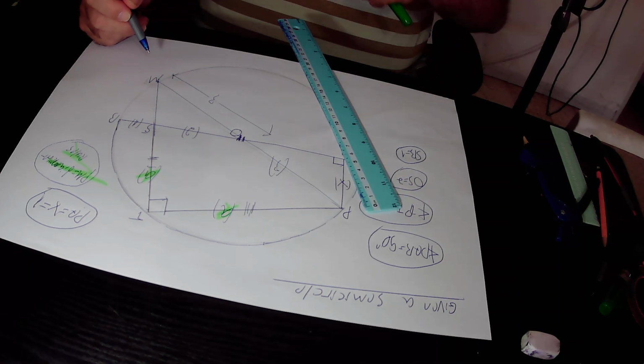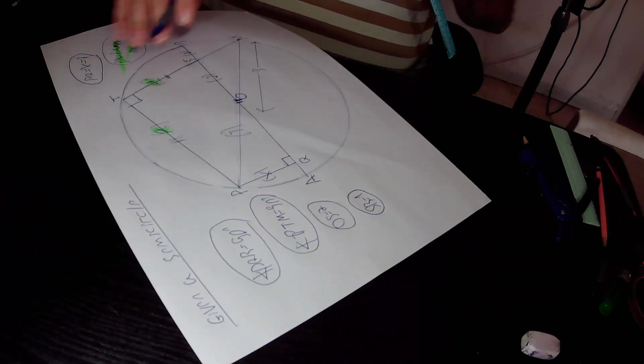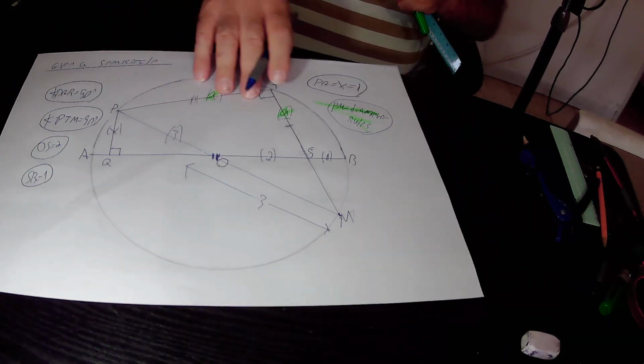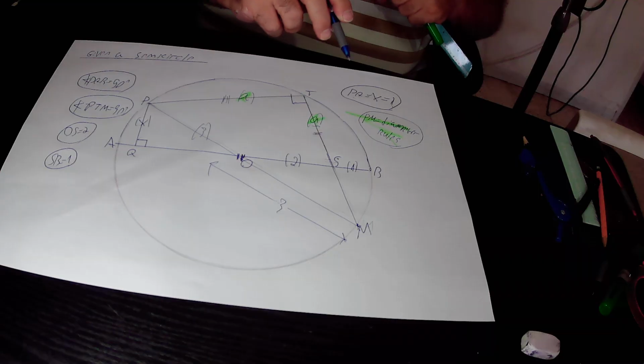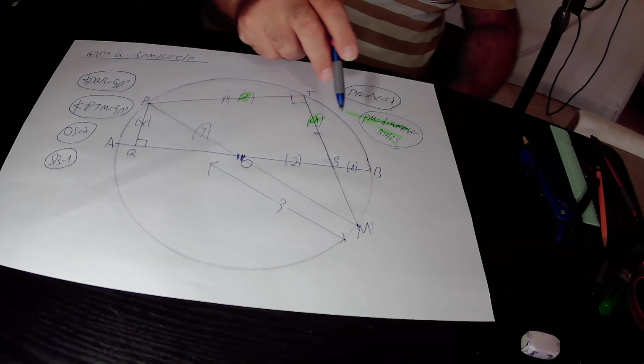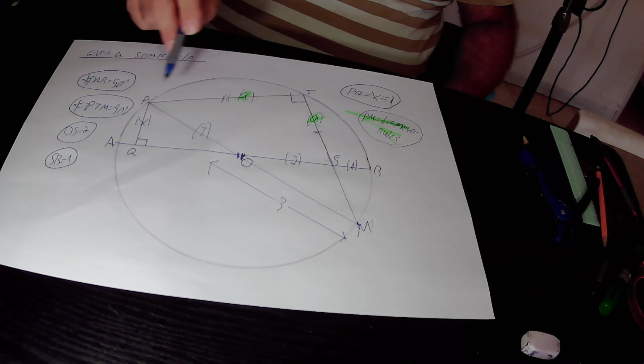In the next step, we will do a construction. That is to say, from this point S, we will draw a perpendicular on the diameter PM. Again, from point S, we will draw a perpendicular on the diameter PM.